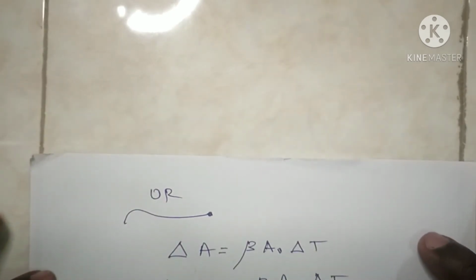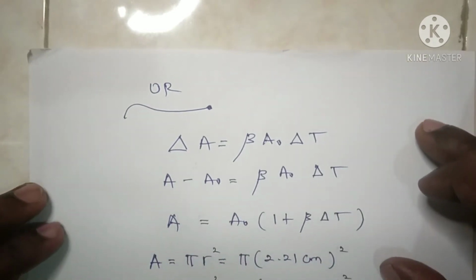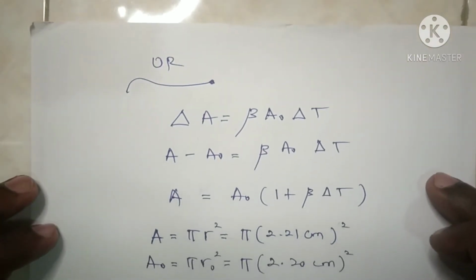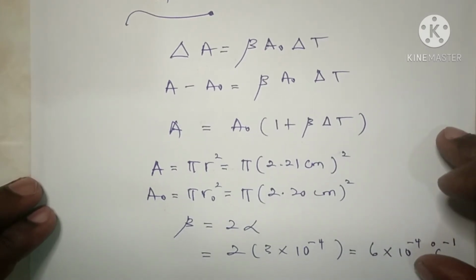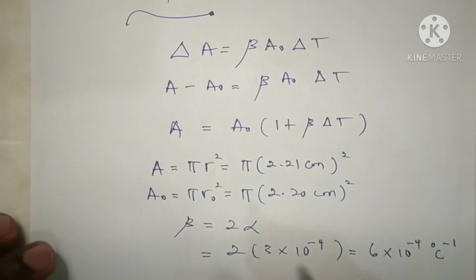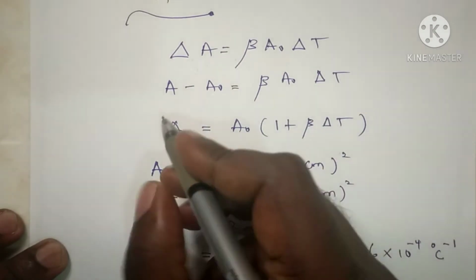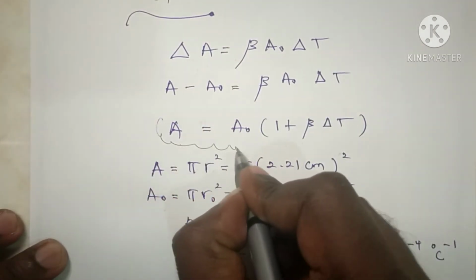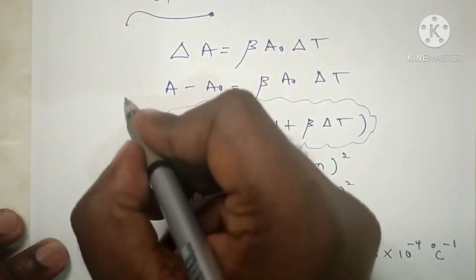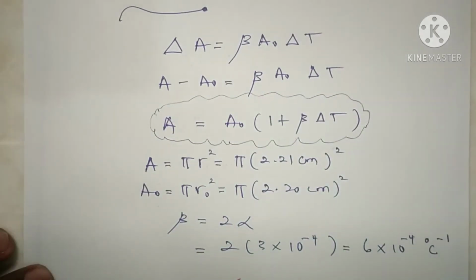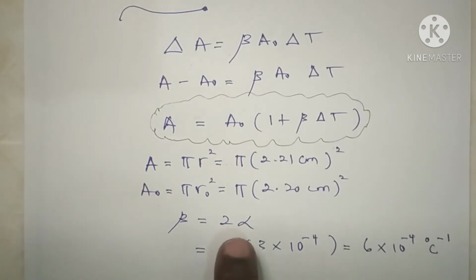Again, we substitute all the values accordingly into this equation, by putting beta equals 2 alpha, the relationship between linear expansion and area expansion.